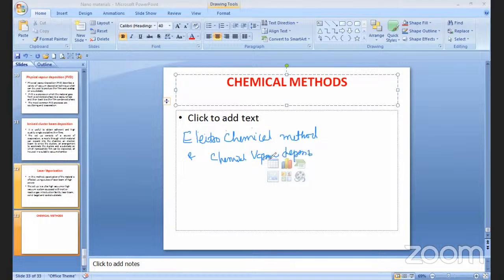This also comes under the chemical methods in order to prepare nanoscale materials.